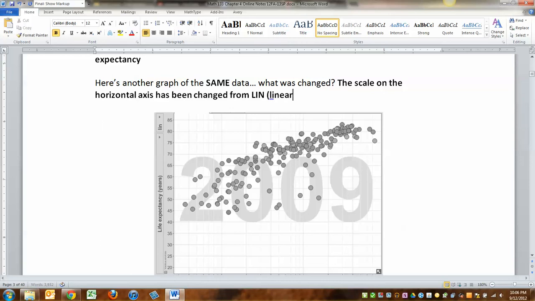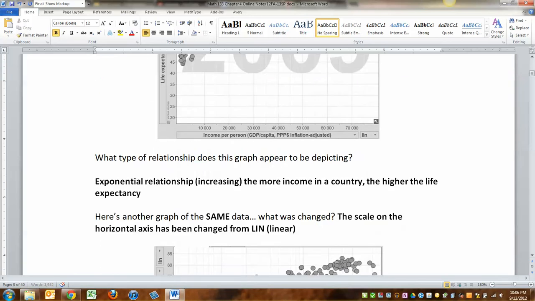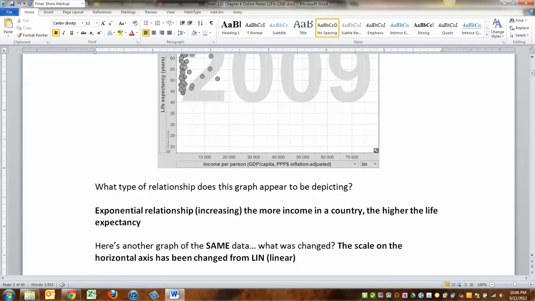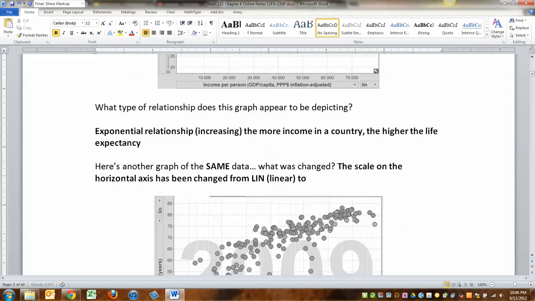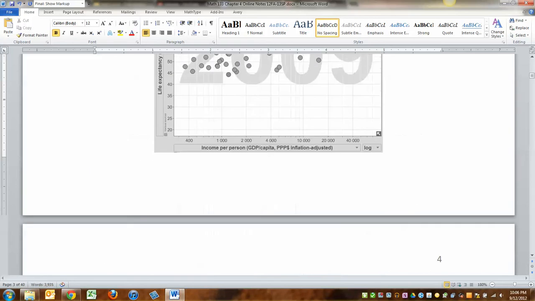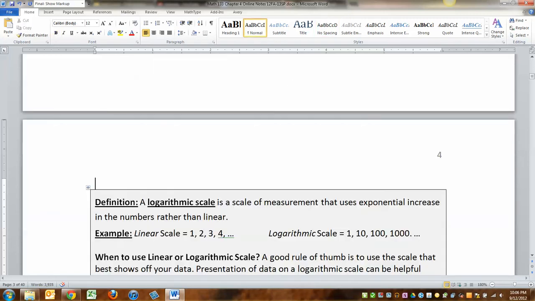Linear means it goes up by the same amount every time: 10,000, 20,000, 30,000, etc. To logarithmic, meaning we multiply. Instead of adding 10,000, we multiply by 2, right? 1,000 times 2, 2,000 times 2, 4,000 times 2, that's this mark in here. Then they were like, okay, well, we don't want to go 16,000, so let's start again. 10,000, 10,000 times 2, right? And so on.